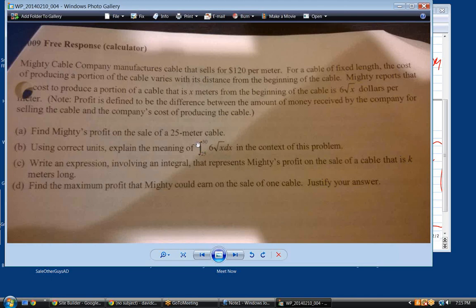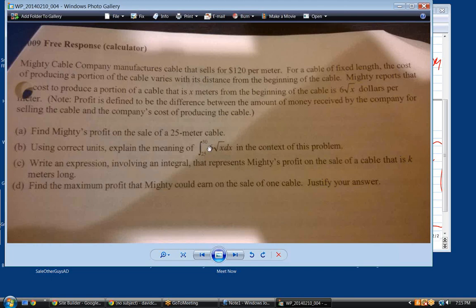Now, remember, this is the cost of a length of cable. In other words, it's not a consistent cost. They sell it for a linear cost. They sell it for $120 per meter. But the cost of producing it depends on how long it is. It costs more to produce a short one than a long one.